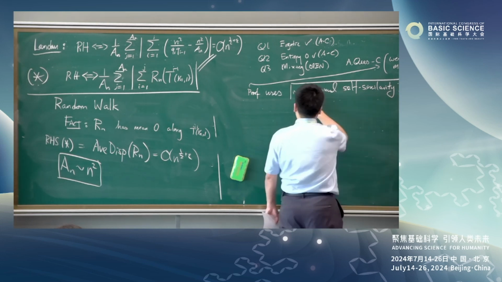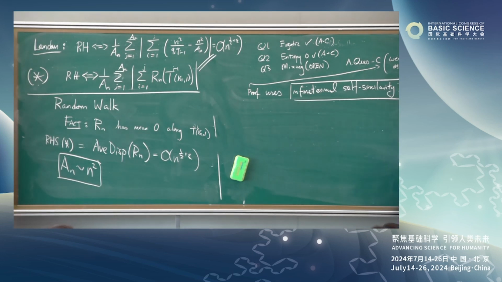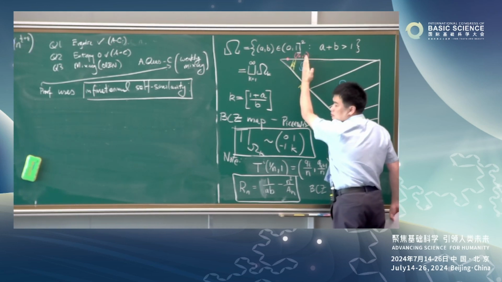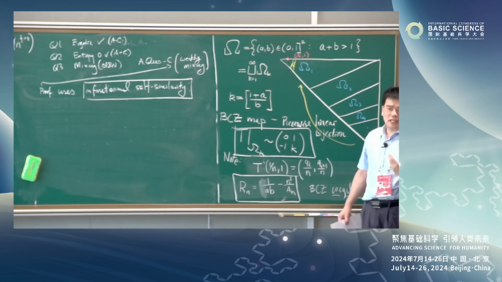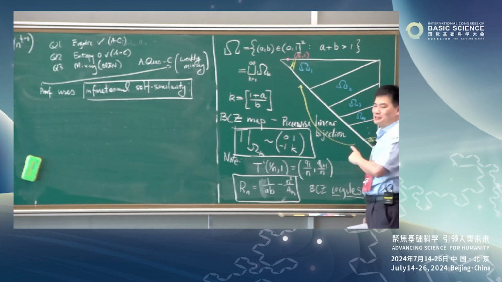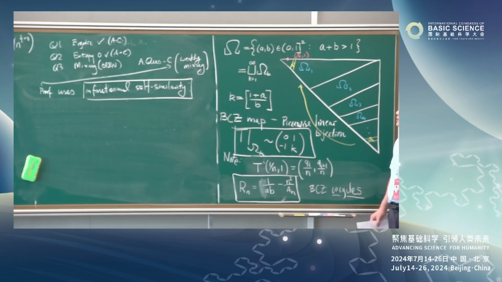And it's an amazing fact, which I'll describe very quickly. If you take this map here and you cut out a smaller triangle here and you do the first return map to this smaller triangle, you're going to get a very complicated map. However, that map is conjugate to the original BCZ map. That's unbelievable, but you prove it in a couple of lines.